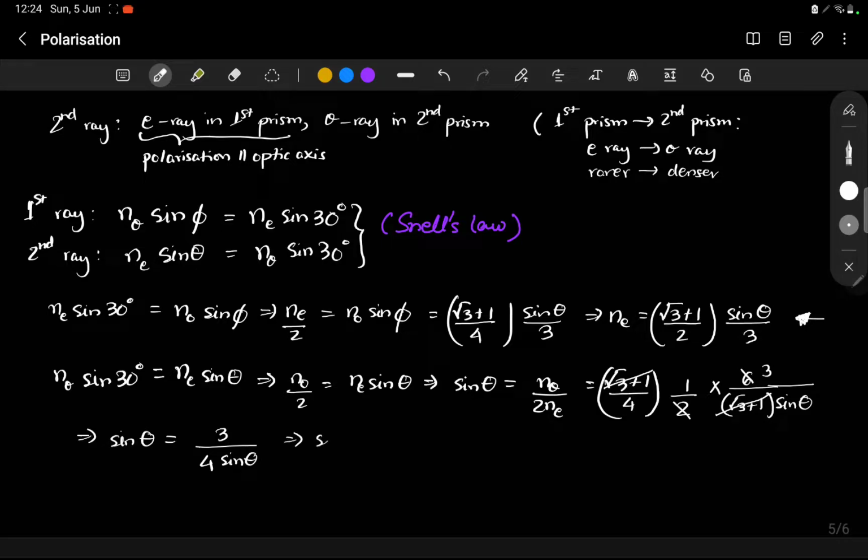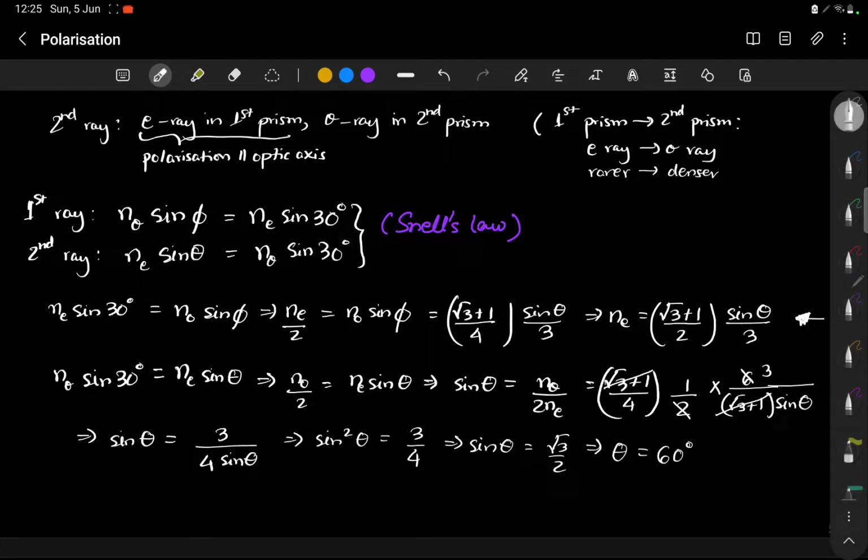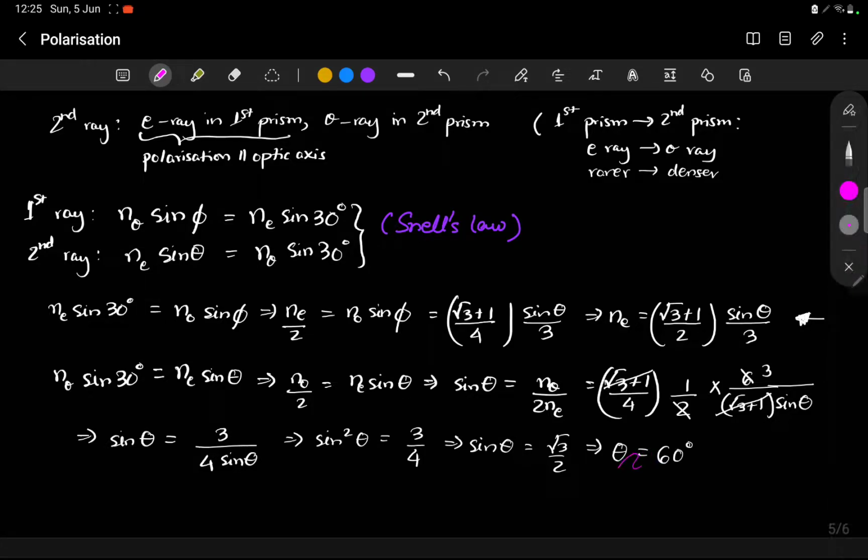So this gives us sine squared theta is equal to 3 by 4. So sine theta is root 3 by 2, which implies theta is equal to 60 degrees. So we have solved for theta.